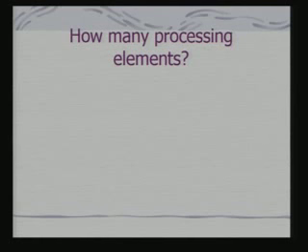The first question that comes up is how many processing elements do you require for a given application? In fact, this might also lead to the choice of the platform.